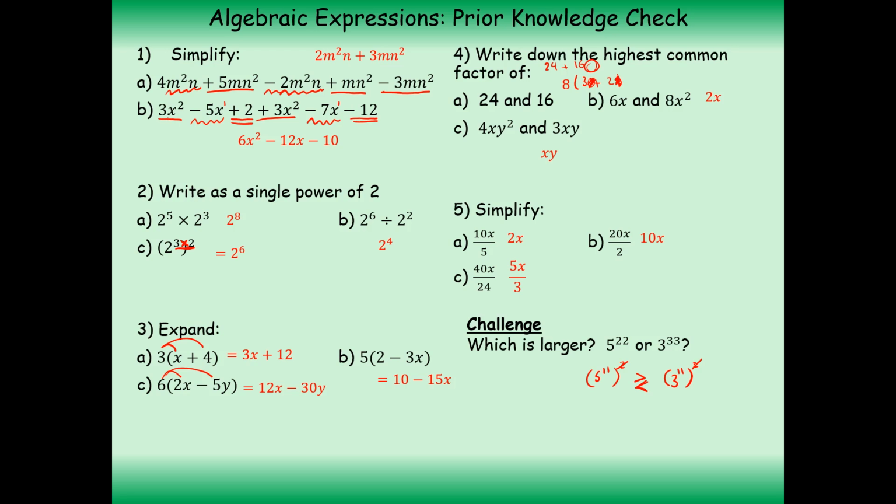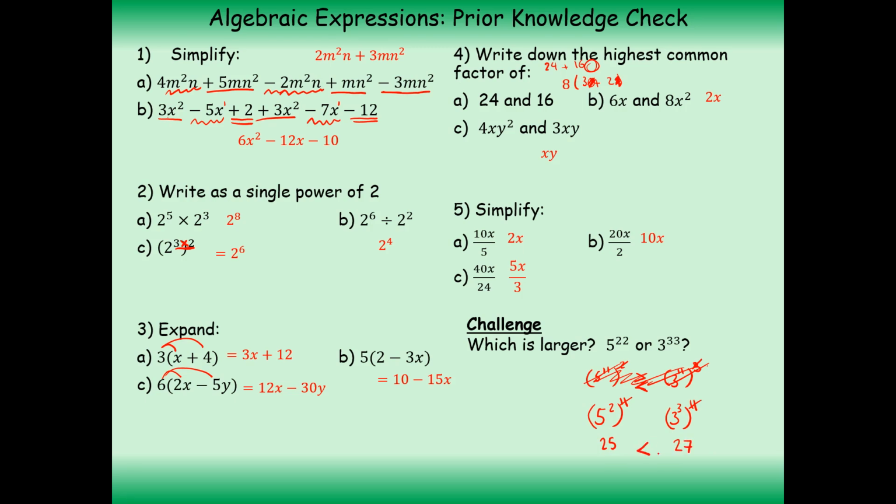So we cannot quite simplify 2 and 3. I'll swap the powers around. I write 5 squared to the power of 11 and 3 cubed to the power of 11. So now you can take the 11th root, and taking the 11th root means that the powers of 11 cancel away, and then you can evaluate: 5 squared is 25 and 3 cubed is 27.